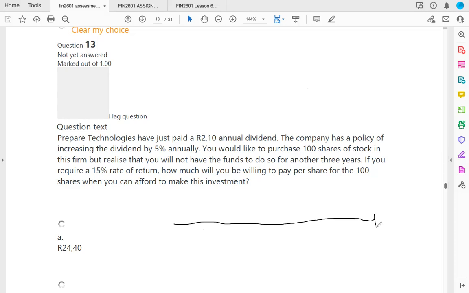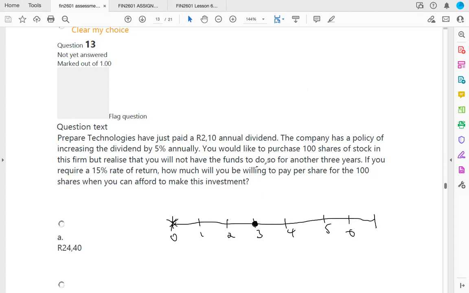Drawing a timeline always helps, right? We are currently at time 0, 1 year is going to pass, 2 years, 3 years, 4 years, 5 years, and so forth, right? So we are told that you are at time 0, but you're only going to get money to purchase shares at time 3, right?